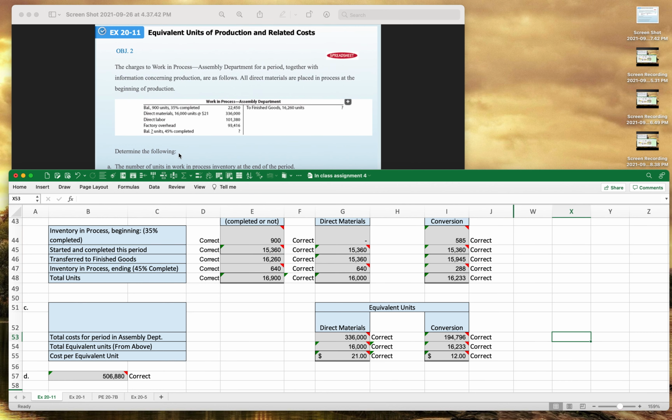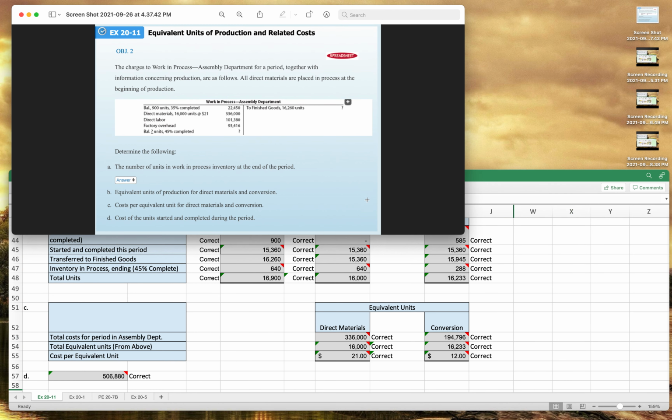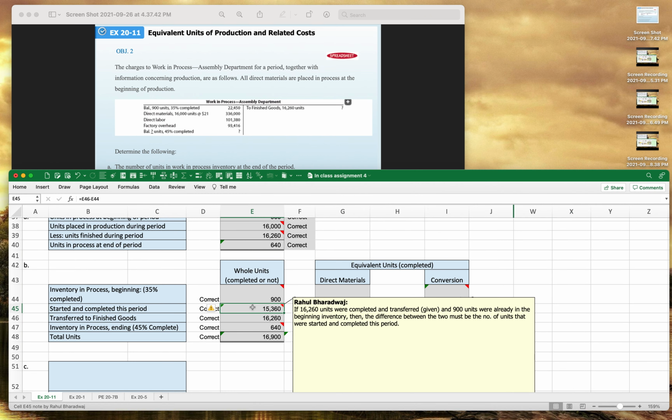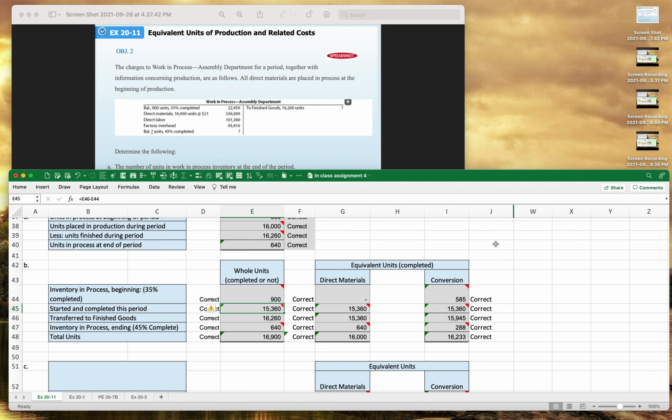Part D asks us to determine the cost of units started and completed during the period. Well, the items started and completed during the period was 15,360.